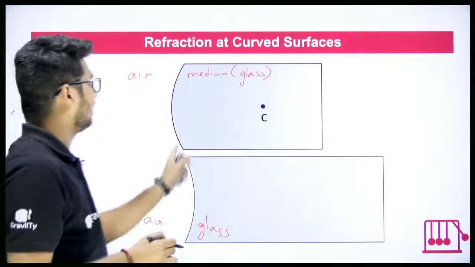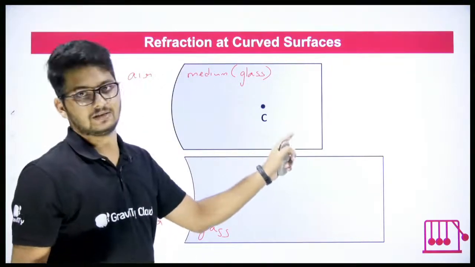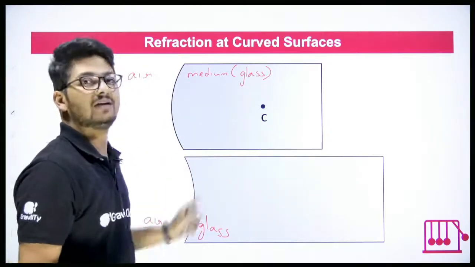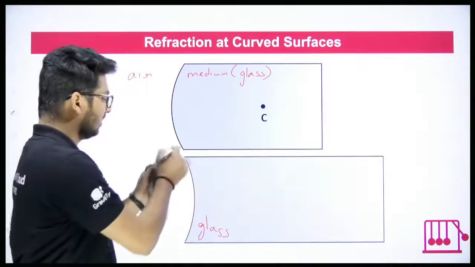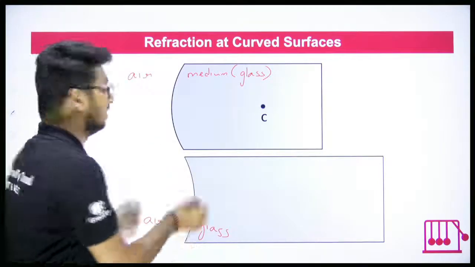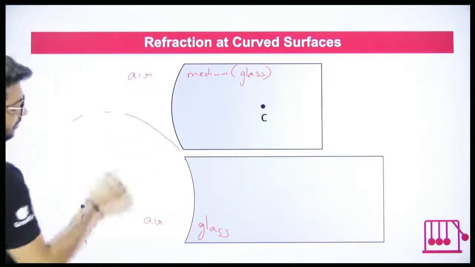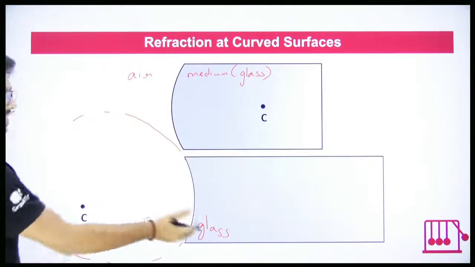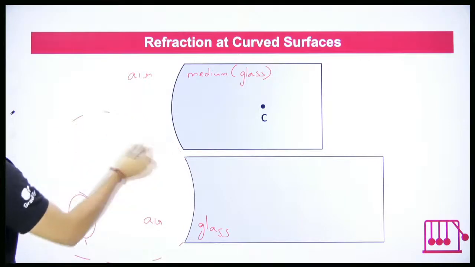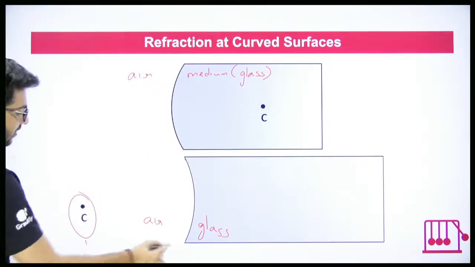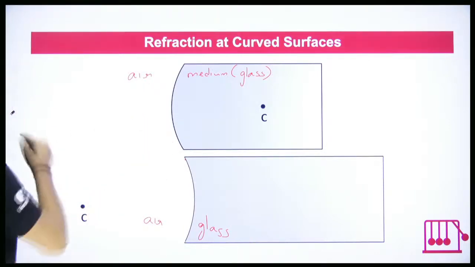This surface has its center here. And what about this surface? Where will it have its center? Towards the right or towards the left? Look at the curve. If you complete it, the sphere will be something like this. So the center will be towards the left, so the center is here. Got it? So if you have a curved surface, identifying the center is important.